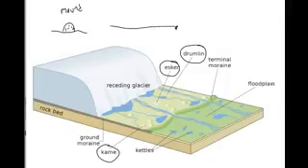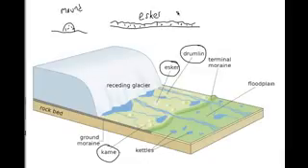An esker is a long winding ridge of sediment, similar to a moraine, but this is all material that piled up in the meltwater channel of a receding glacier. That's an esker. It's a long winding ridge that gets deposited in the meltwater channel of a receding glacier.